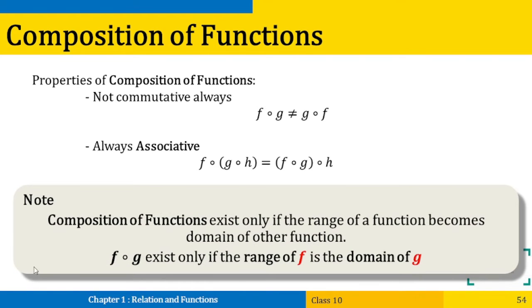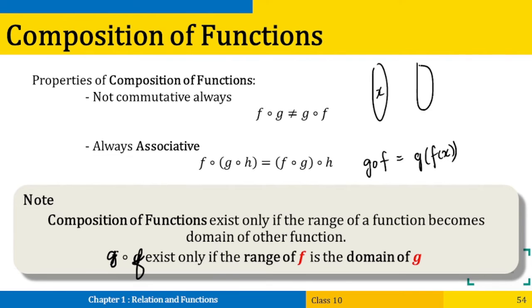And to note an important point, wait, let me make a correction here. Yeah, so to note an important point, composition of functions will exist only if the range of a function becomes the domain of another function. Take for example, if you're going for g composition f, so g compo f can be written as g of f of x, which means that I'll take a value x and give that to f, right?